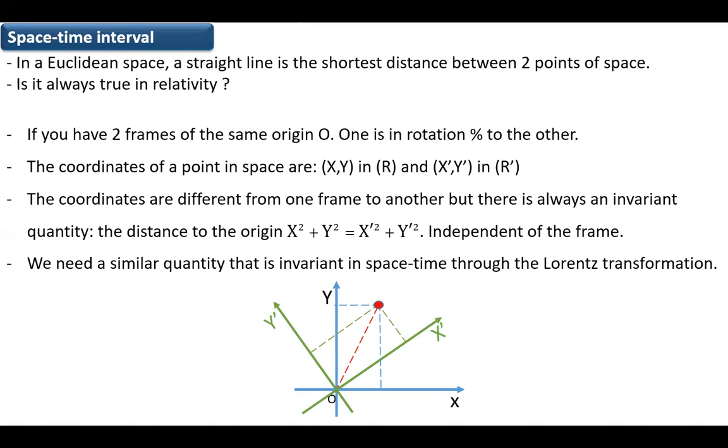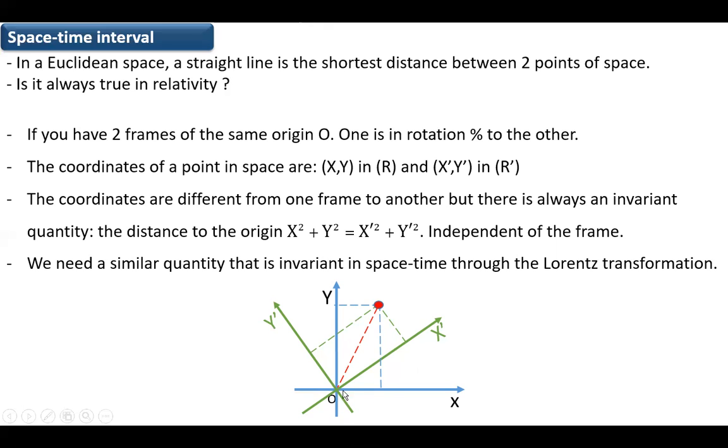Let us consider two spatial frames, x, y. I will go back to spatial frames, x and y, not x and t. If you choose two frames, x and y, and x prime and y prime in green, they have the same origin.